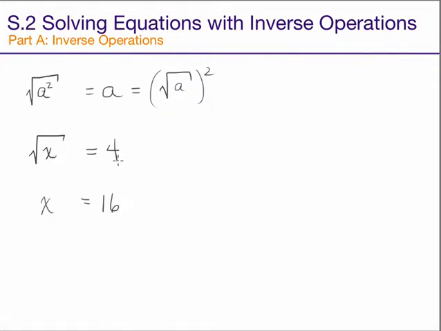So what happens when I square 4? I get 16. So this answer does make sense. I got it by squaring both sides of the equation. And I chose to square both sides because I knew that that would undo this square root. It's the inverse of the square root.